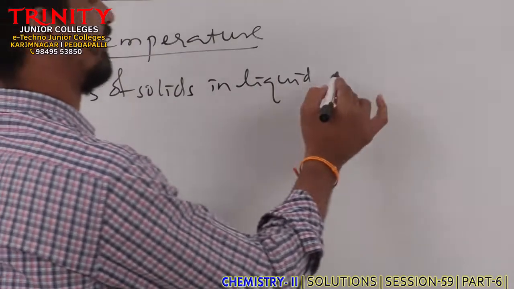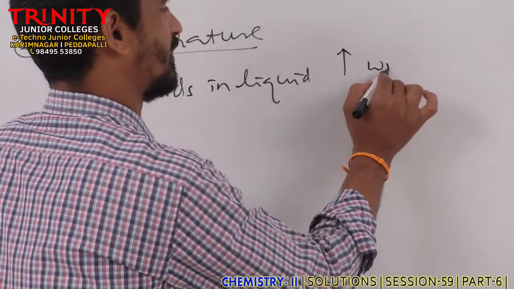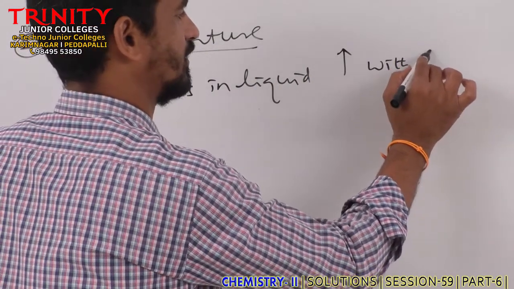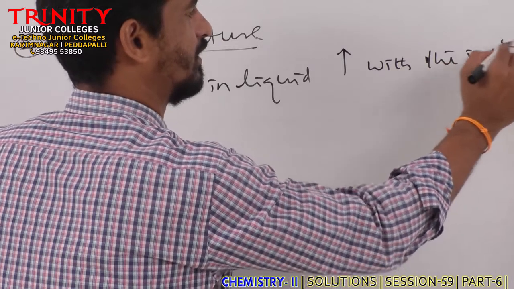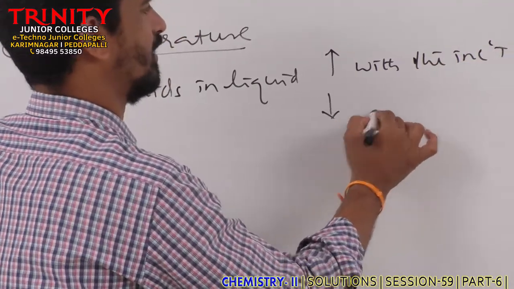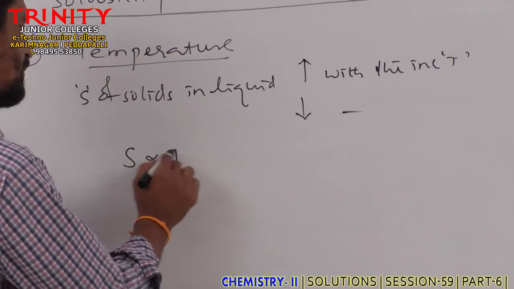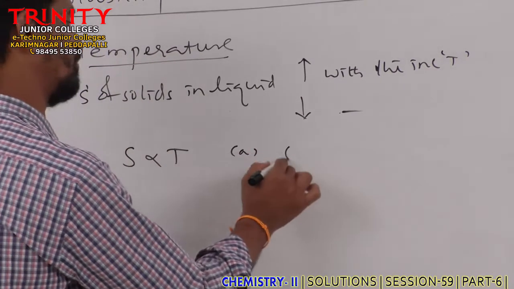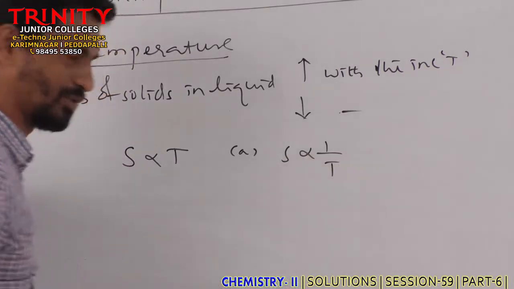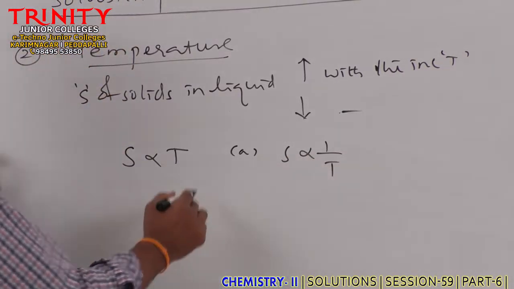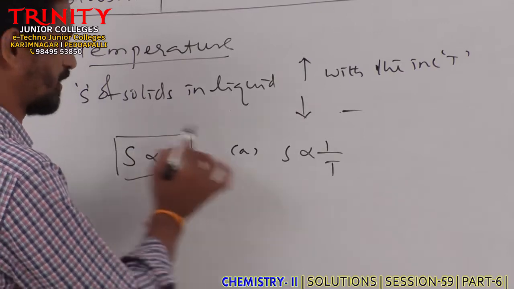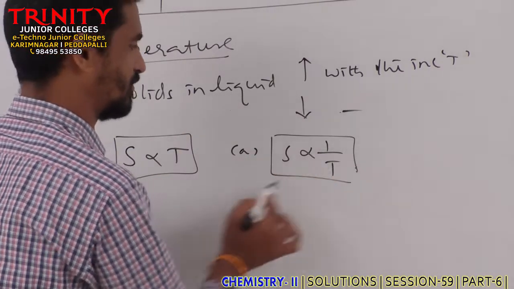It may increase with an increase in temperature, and it may decrease with an increase in temperature. That means solubility may be directly proportional to temperature, or inversely proportional to temperature.